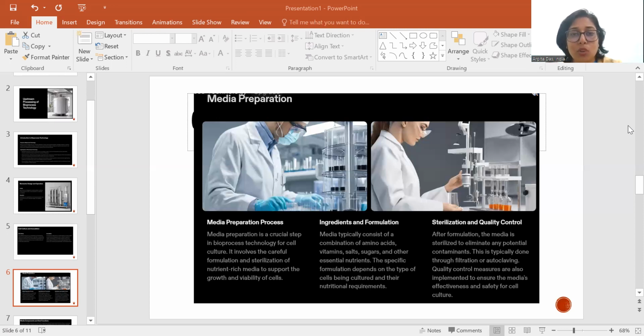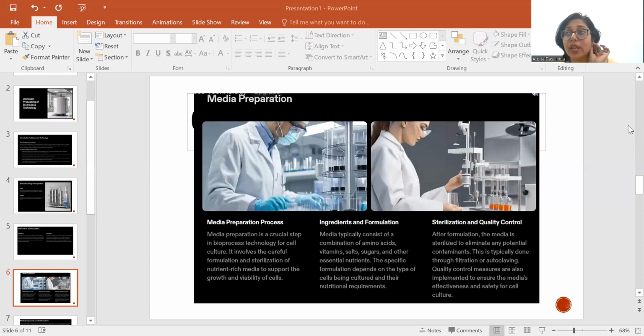So we need to put them into the media for their need. For example, growth factors include vitamins. Microorganisms are not capable of producing all the vitamins. So certain vitamins act as growth factors, as do certain fatty acids, a few amino acids, sterols. So those are used as growth factors. So that is also important for media formulation.